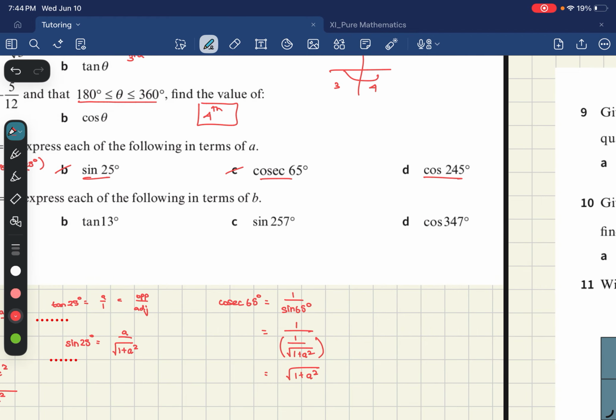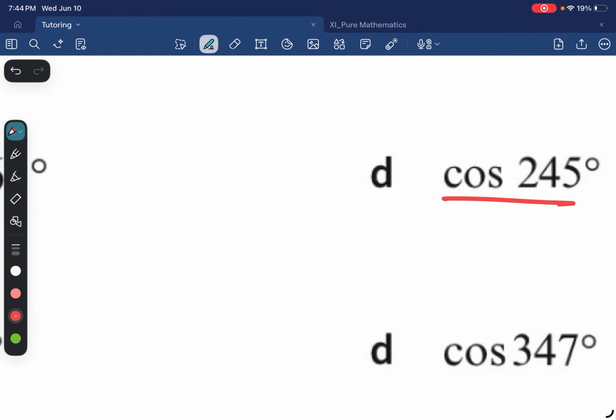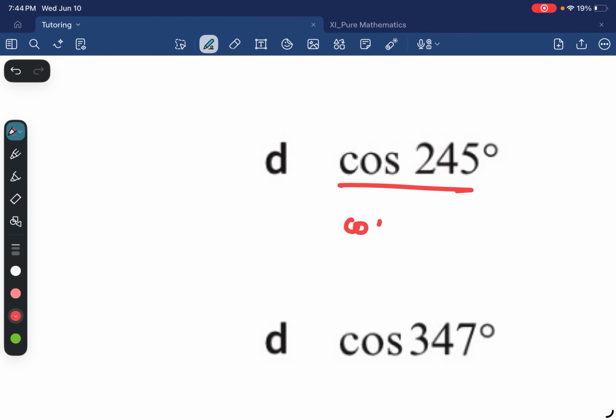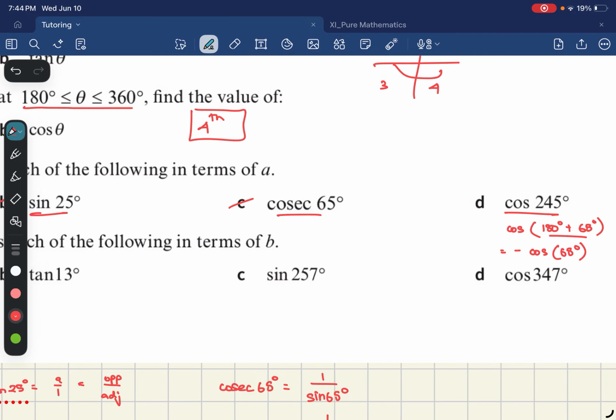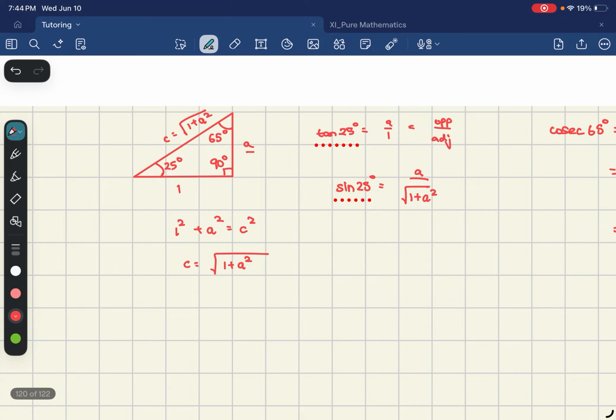Cos 245. I can write this as cos of 180 plus 65 degrees, and this is in the third quadrant. So this is equal to negative cos 65 degrees. And I can find cos 65 from my triangle.